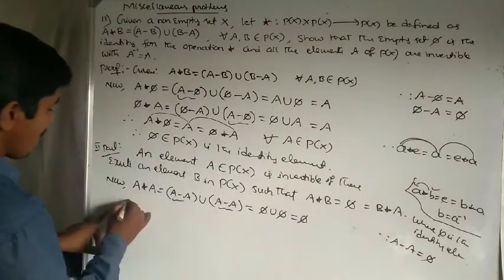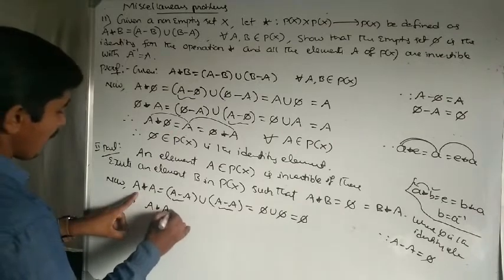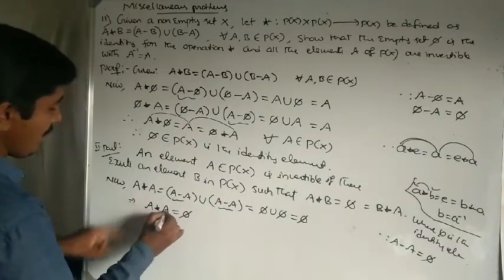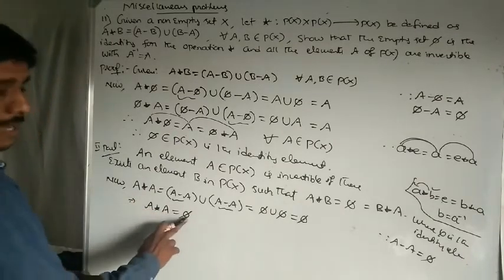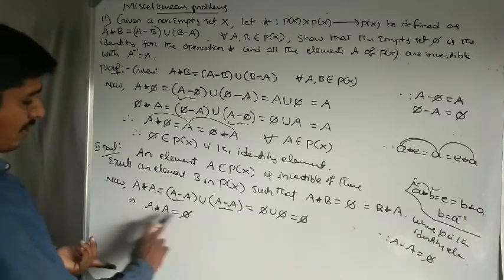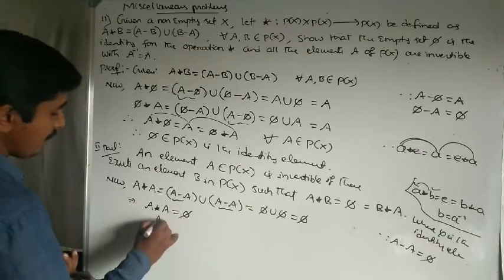Correct. A star A equals the null set means clearly this A is the inverse of A, because the null set is the identity element.